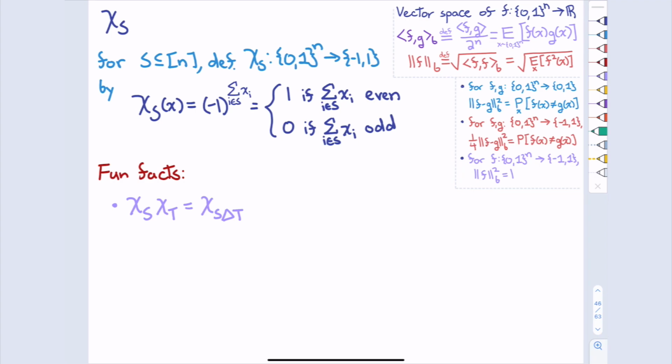Particularly important is this function chi S for various sets S, subsets of [n]. Given some set S, some subset of indices, this function looks at x and sums up over those indices, and takes -1 to that sum.